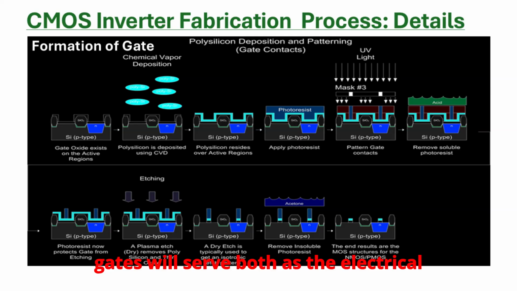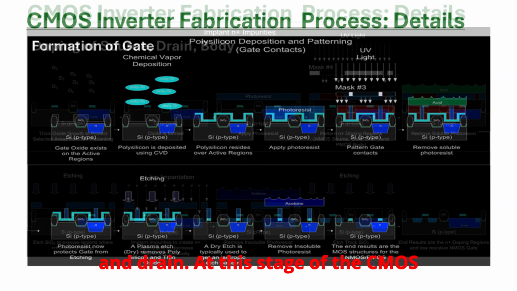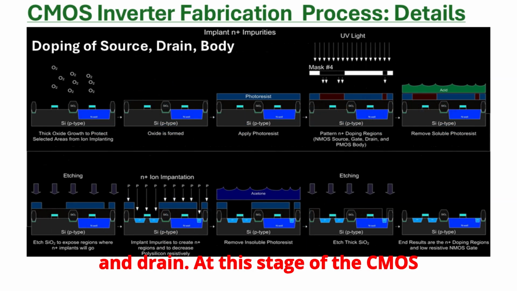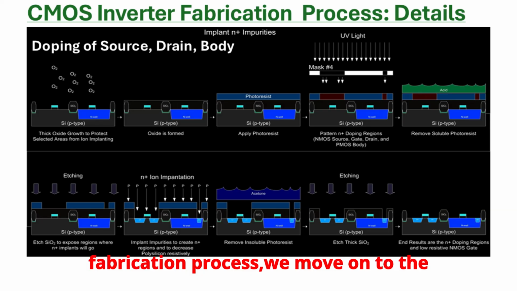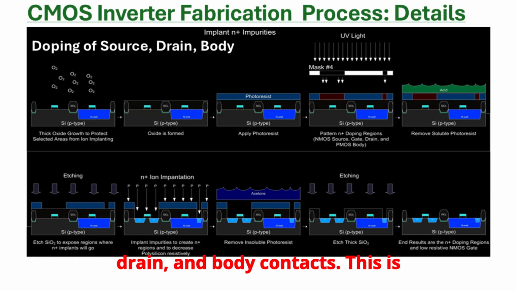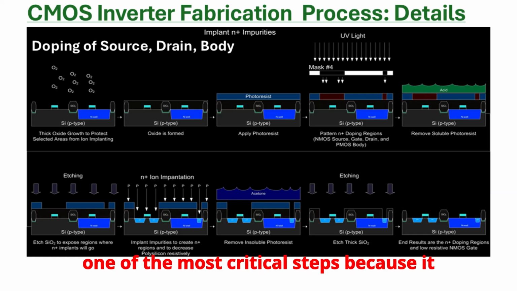These gates will serve both as the electrical control contacts and as masks for the next doping steps that form the source and drain. At this stage of the CMOS fabrication process, we move on to the implantation or doping of the source, drain, and body contacts. This is one of the most critical steps because it defines the fundamental electrical terminals of our MOSFETs.